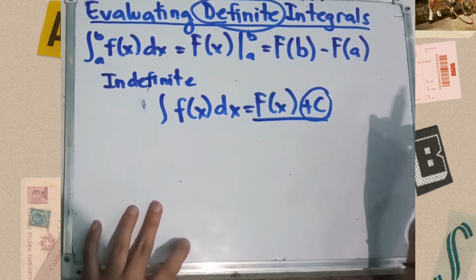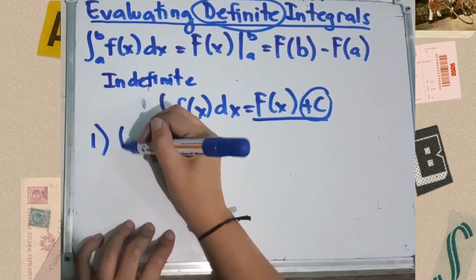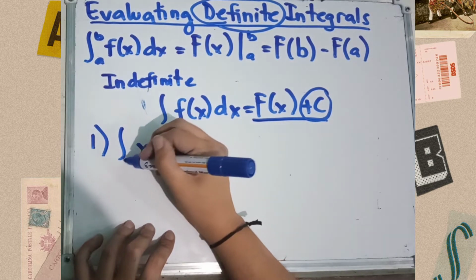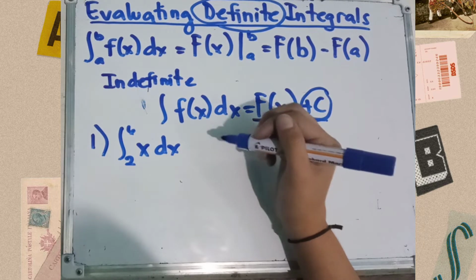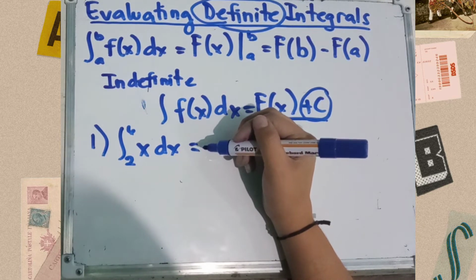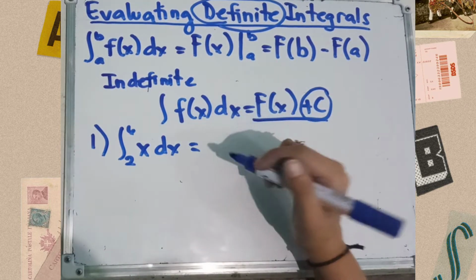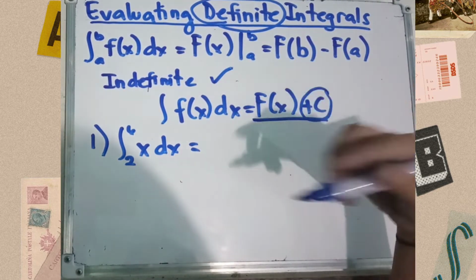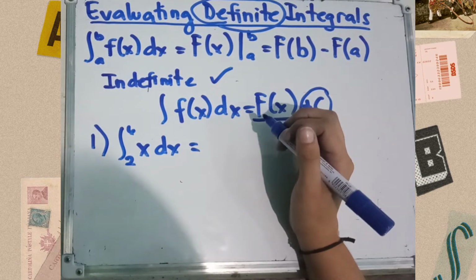Let's have an example. Number 1, the integral of x dx from 2 to 6. Even if this is a definite integral, we still apply the rules that you have learned from indefinite integral, but later on we will be substituting the value of our limits.